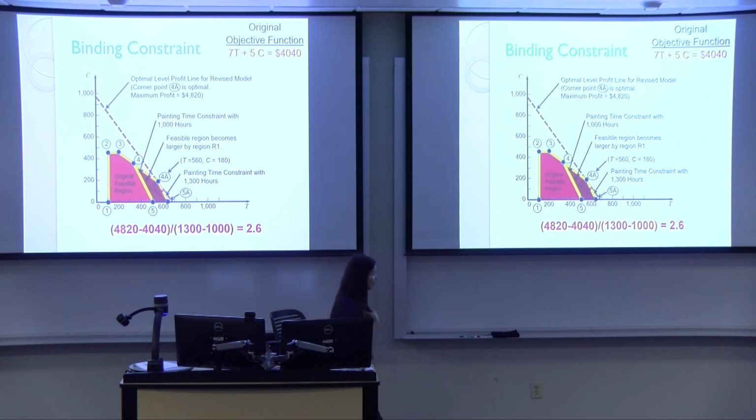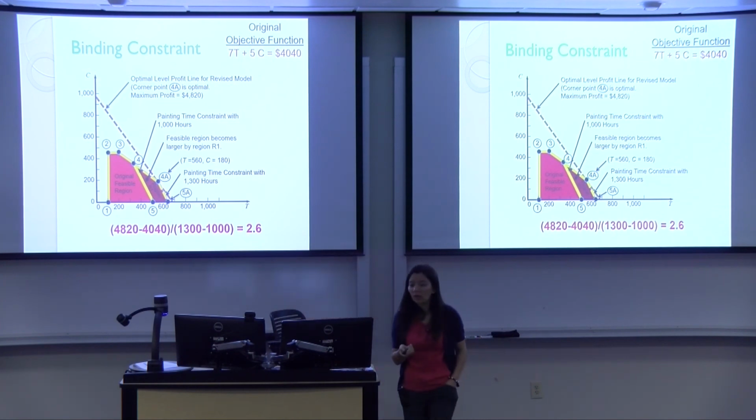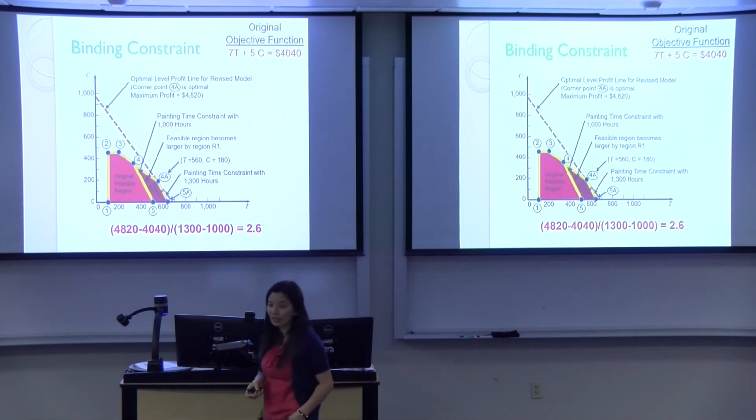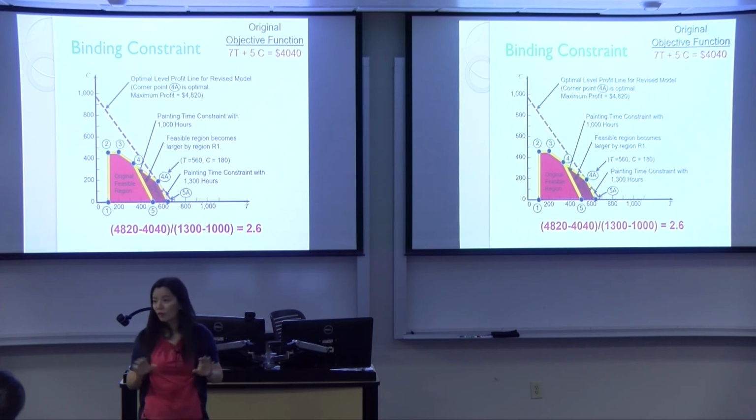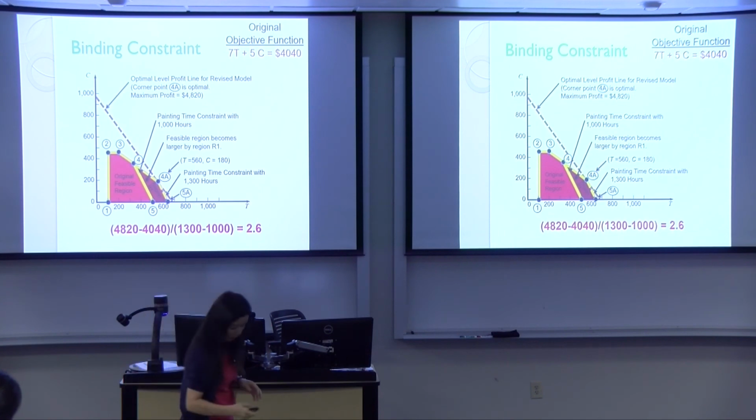In other words, if the cost of having one additional painting hour is less than $2.6, it's worthwhile. But if the employee is too expensive and providing one additional hour costs more than $2.6, then forget it. You don't want more painting hours. Does that make sense? Yes?